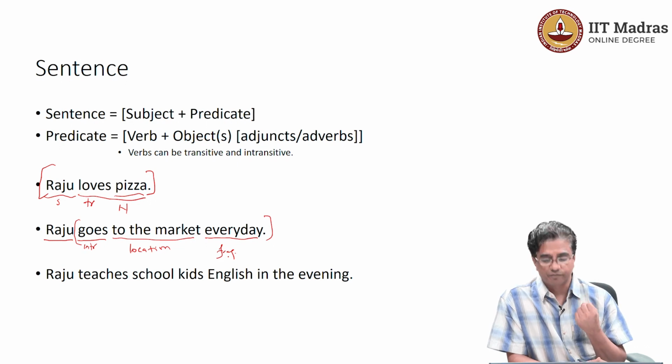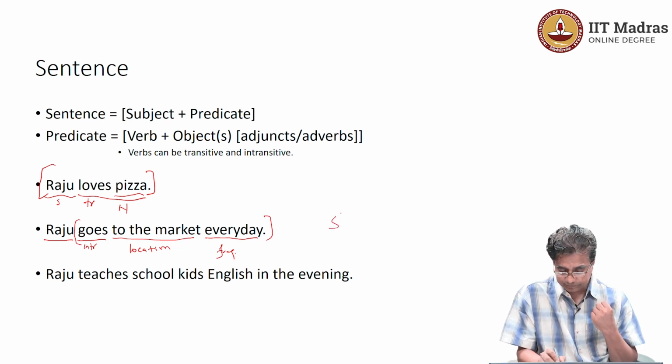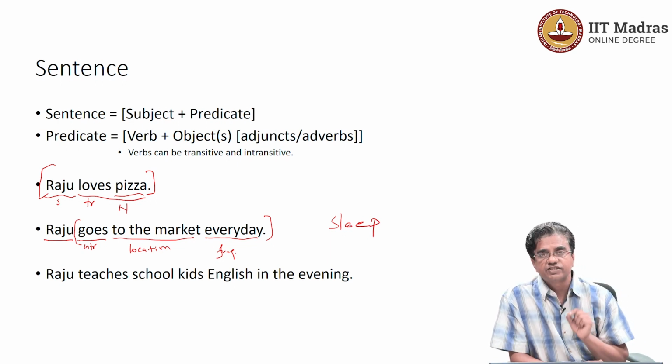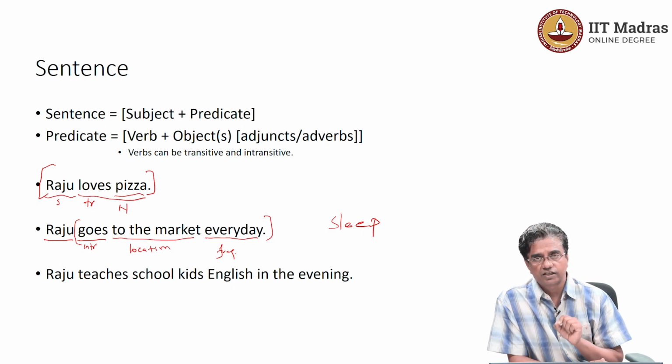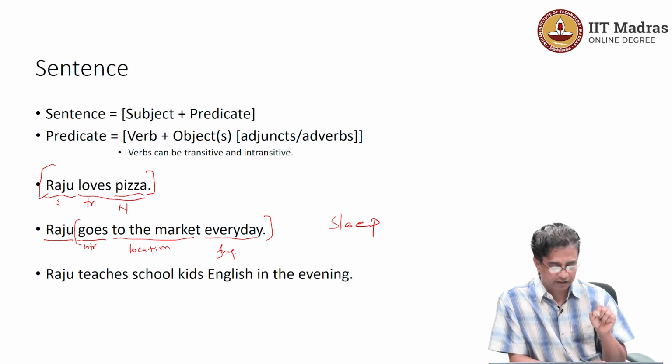It is different from a verb like sleep. A verb like sleep is an intransitive verb, but it does not necessarily force you to have a location or time or frequency information in the sentence. But a verb like go kind of obligatorily requires this locational information.